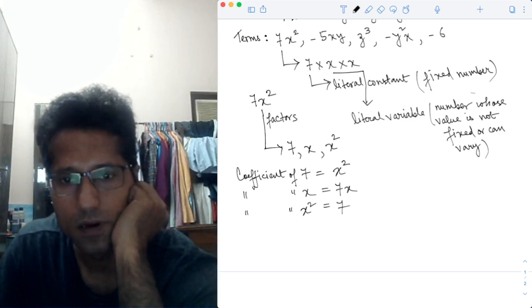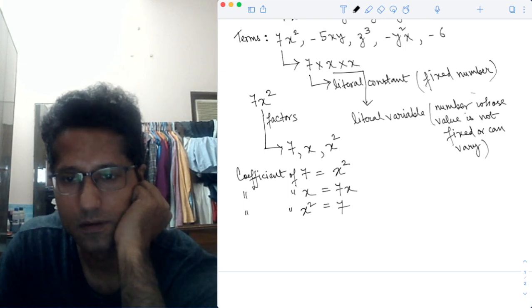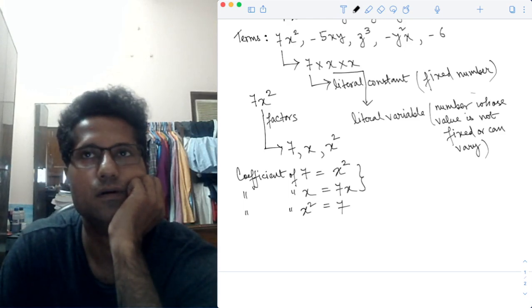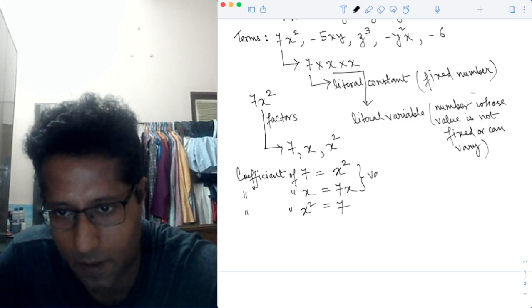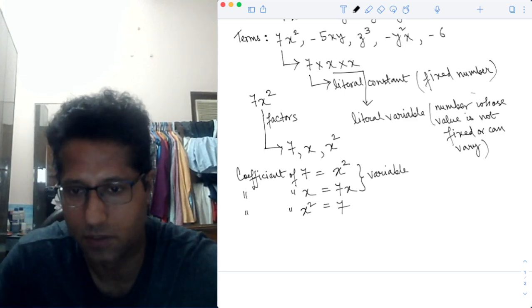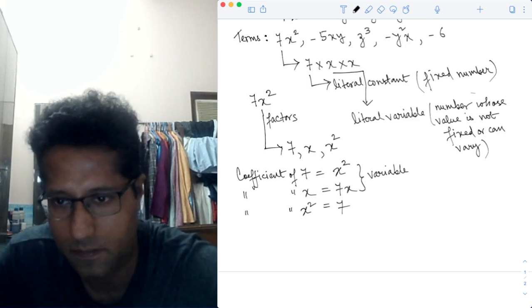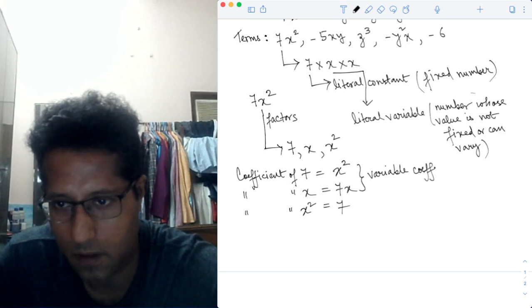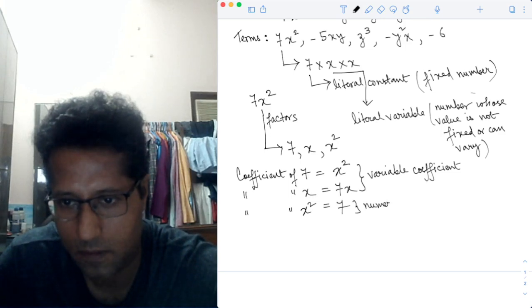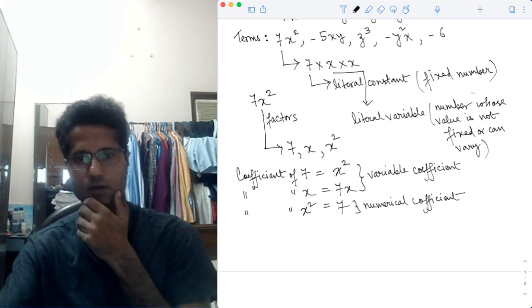Now these are known as variable coefficients, because the coefficient has variables or literals whose value varies, whereas this one, 7, is a numerical coefficient. 7 is a numerical coefficient.